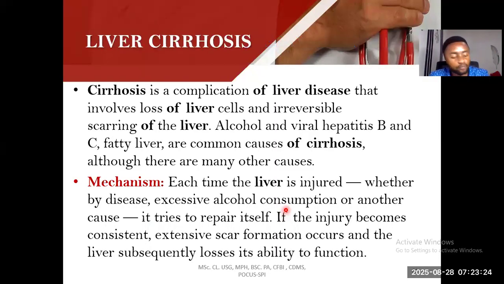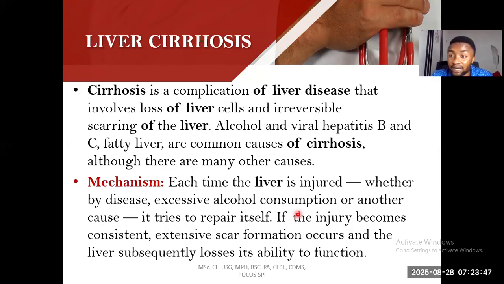Liver cirrhosis. What's the time? I think the moment I finish with liver cirrhosis, I have to end, because liver cirrhosis alone can take like 15 minutes or so. Please take note of liver cirrhosis. It is a condition that you can meet every week currently.